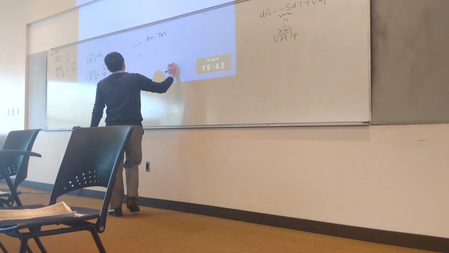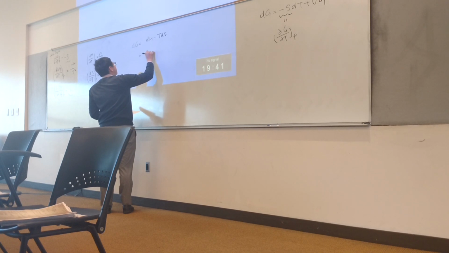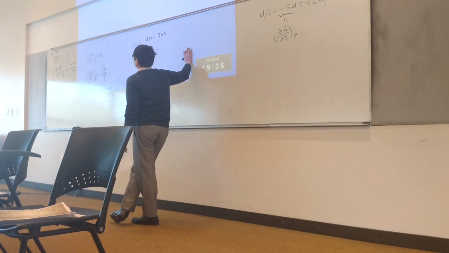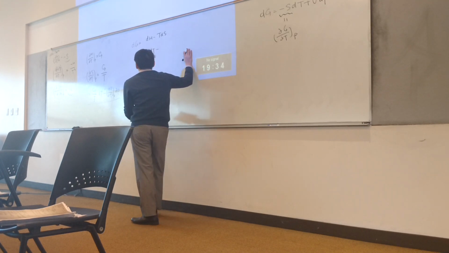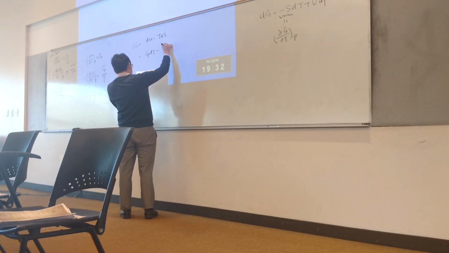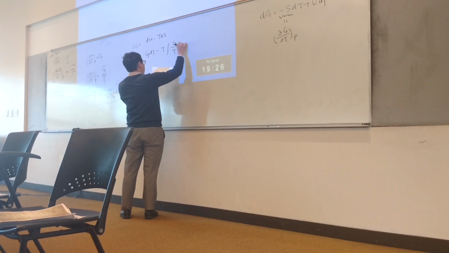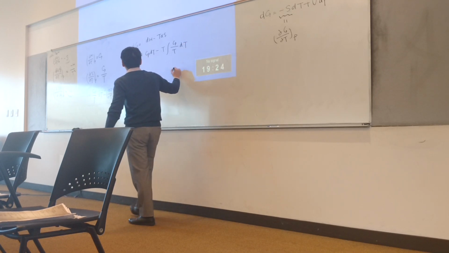And dH is basically just Cp dT. And dS is actually the integral of Cp over T dT.